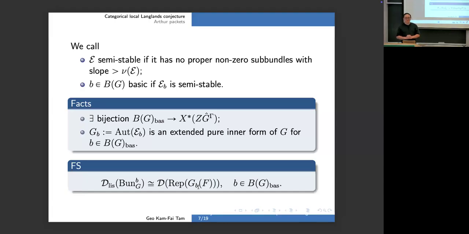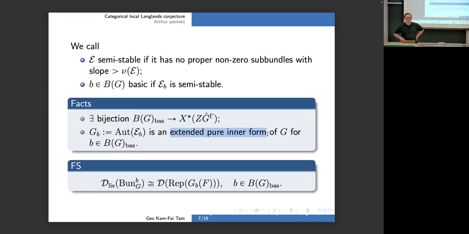Does it make sense? Okay. Anything wrong? Any comment from experts? Extended pure inner form, I think maybe I need some help, but my understanding is just coming from basic isocrystals. But the very first definition of extended pure inner form, I forgot the definition.